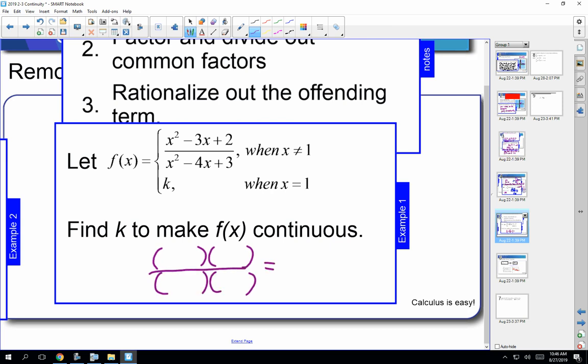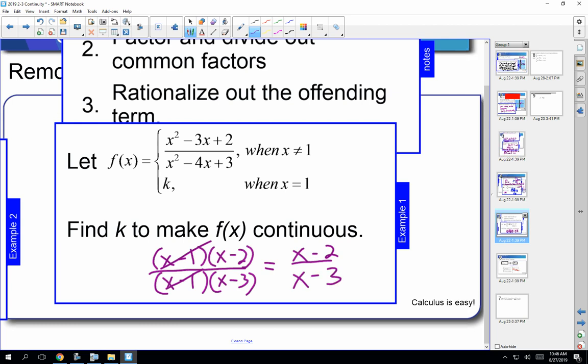All right, x squared minus 3x plus 2, x minus 1, x minus 2, and then the bottom one, x minus 1, x minus 3. Okay, so that simplifies into x minus 2 over x minus 3.